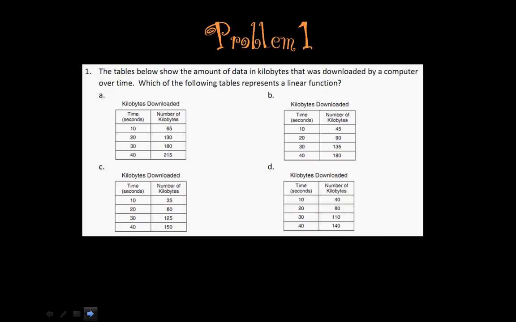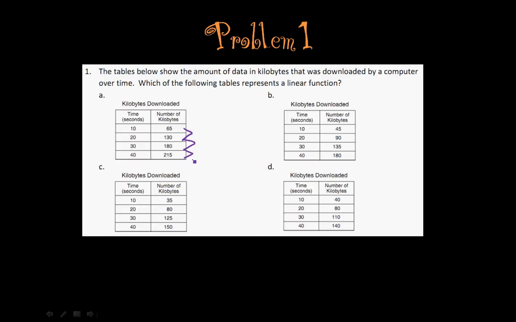So on number 1, the tables below show the amount of data in kilobytes that was downloaded by a computer over time. Which of the following tables represents a linear function? You have to think back to middle school when you did these types of problems, and you need to see what numbers add to give you the various numbers.